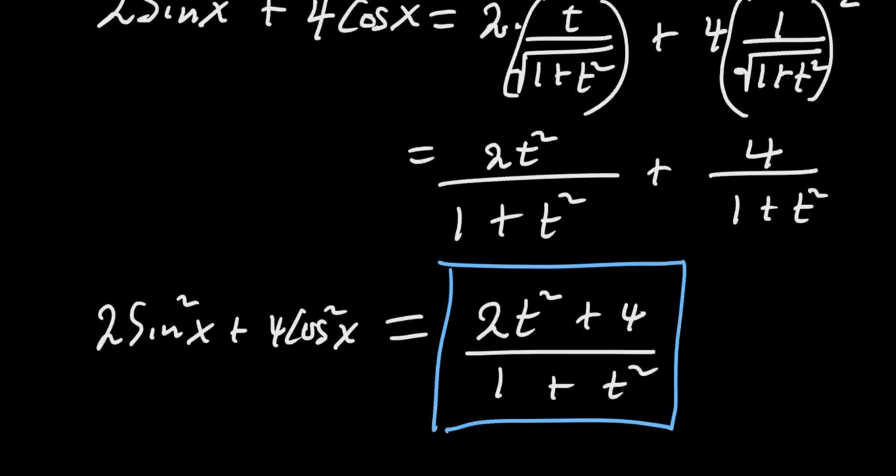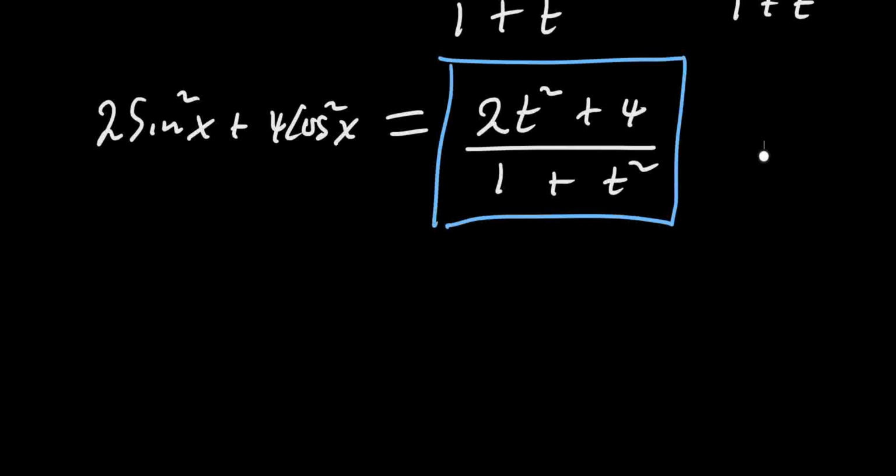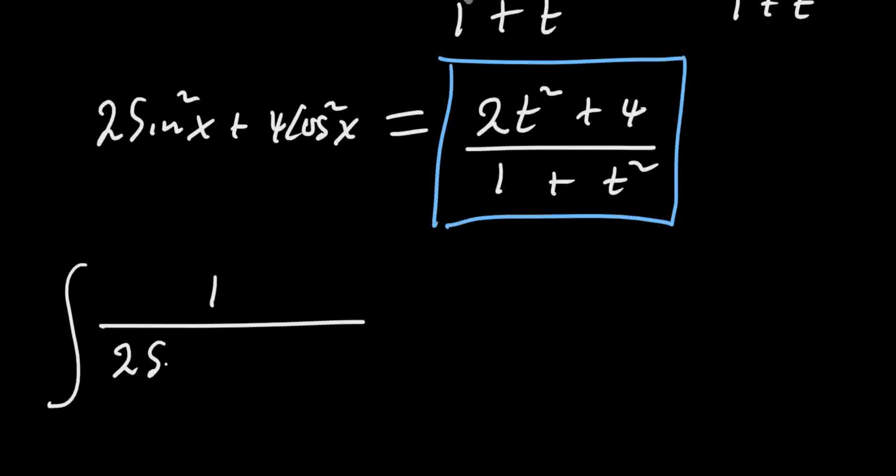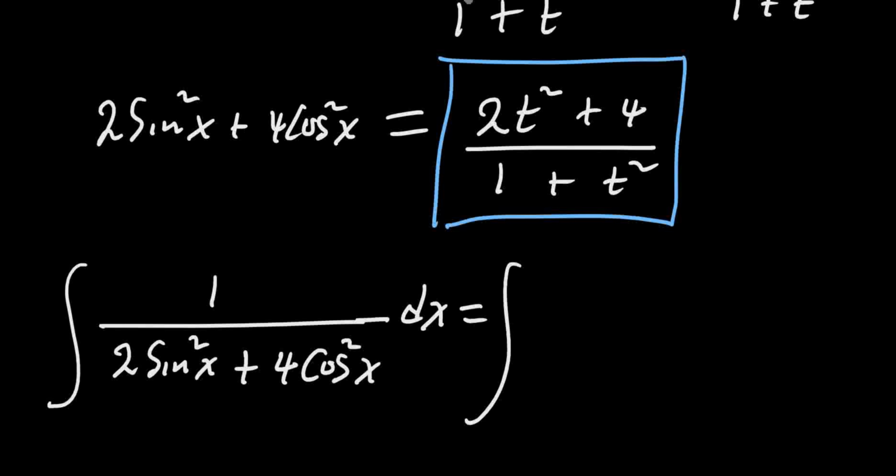Now we can simply go back to the original question, which is the integral of 1 over 2 sine squared x plus 4 cos squared x dx. This is now equal to the integral of 1 over 2t squared plus 4 over 1 plus t squared.